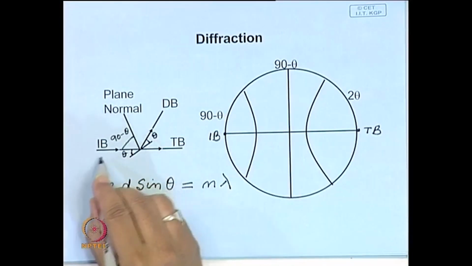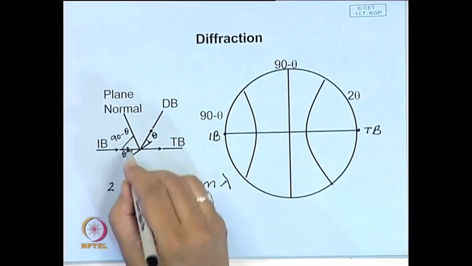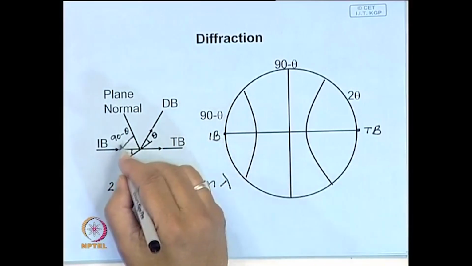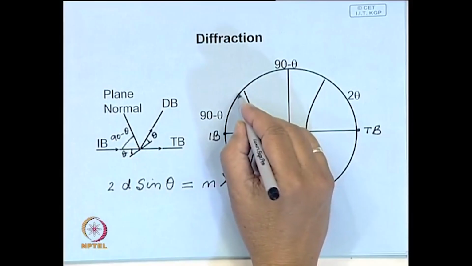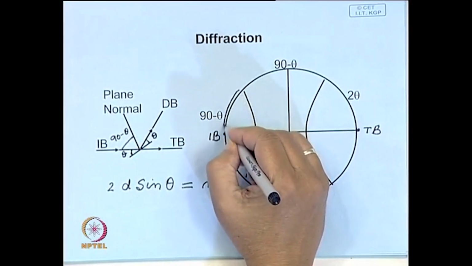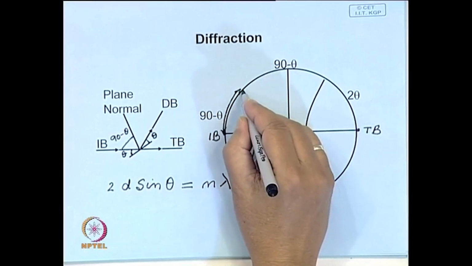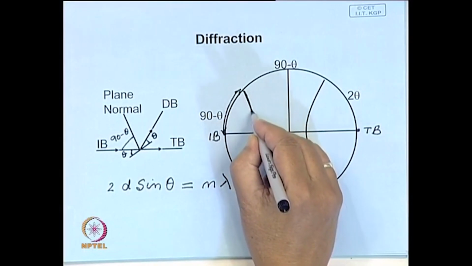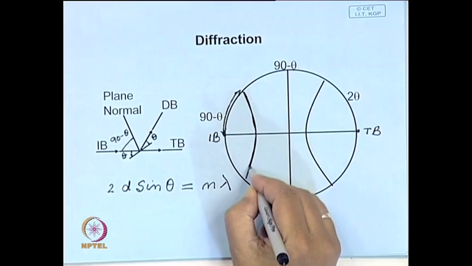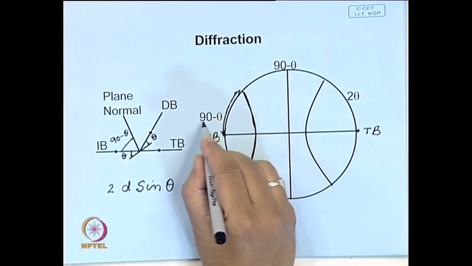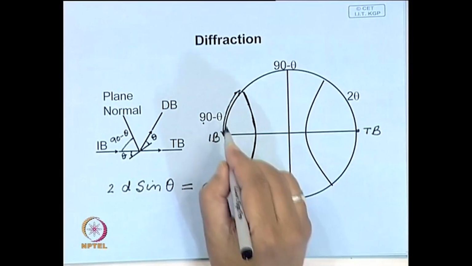Now, the angle between the incident beam and the normal to the reflecting plane is 90 minus theta. So, what you can do, you can mark on this great circle 90 minus theta and draw a latitude. So, a small circle, every point on this subtends angle 90 minus theta.